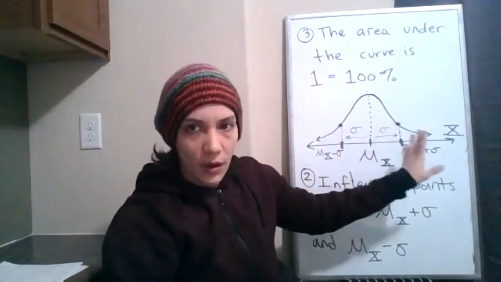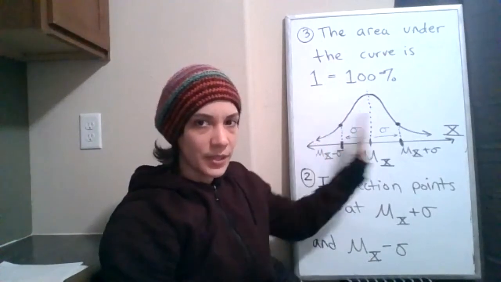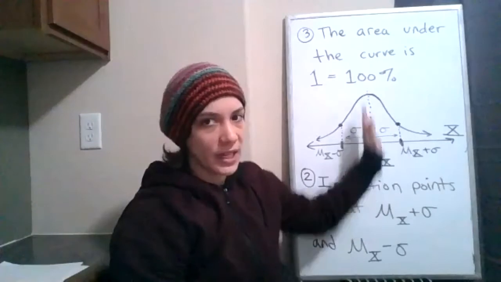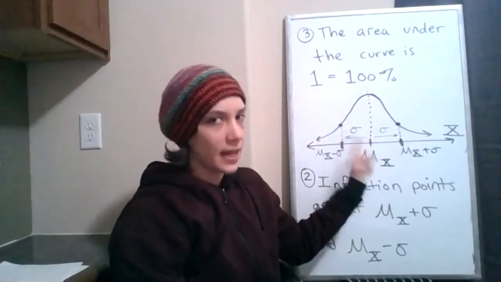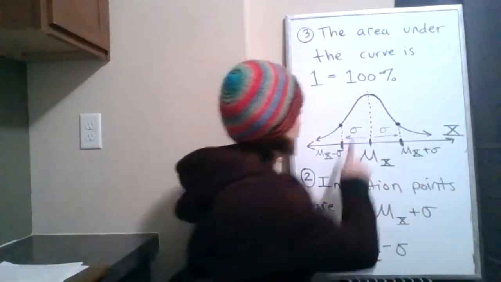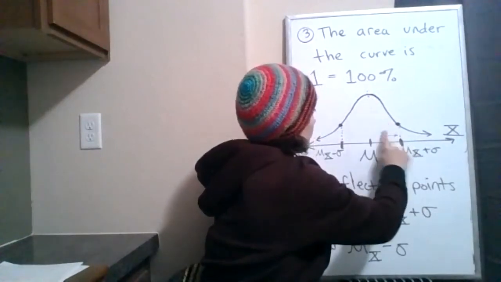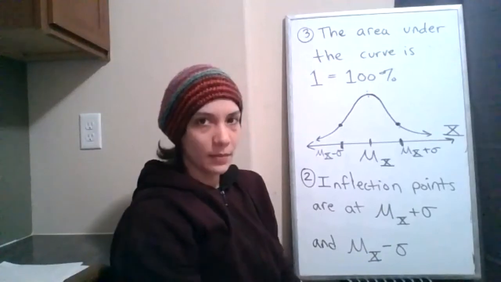So if the area under this curve is 1, then this side is 50%, and on the other side you've got 50% when you cut it in half. So half the area is to the left of the mean, half of the area is on the right side of the mean. Anything else? Last one.